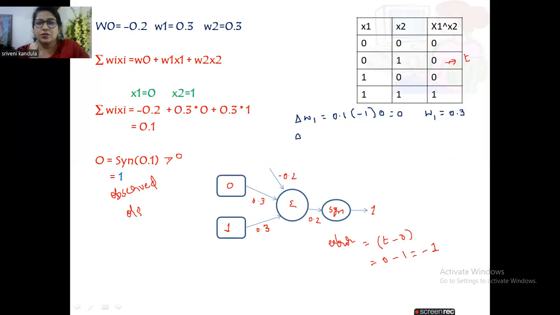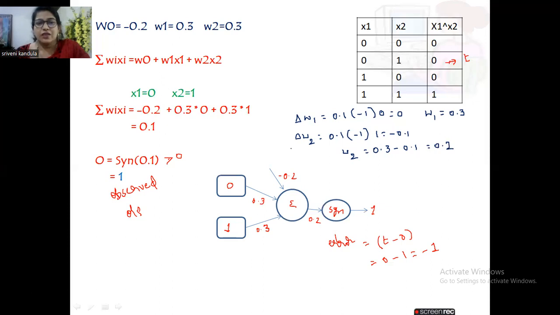Now let's compute delta W2, where eta value is 0.1, T minus O is minus 1, and the input value is 1. So we are getting a value of minus 0.1. So W2 value is 0.3 minus 0.1, which will give us a value of 0.2.